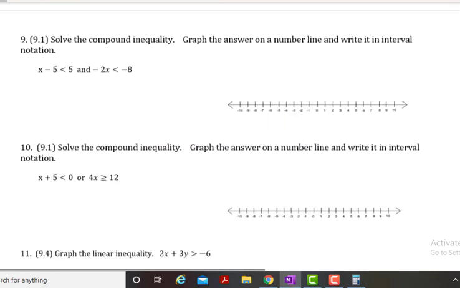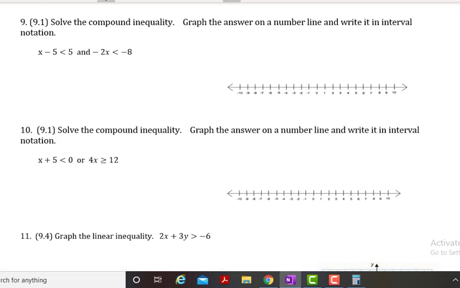Number 9. Solve the compound inequality, graph the answer on a number line, and write it in interval notation. First thing we need to do is to solve both of the inequalities for x. So on the inequality on the left, I will add 5 to both sides, and the inequality on the right, I will divide by a negative 2.